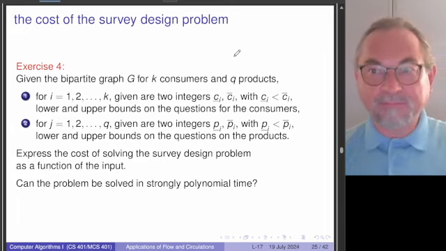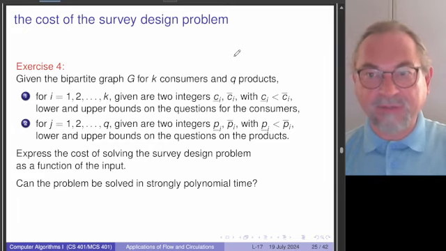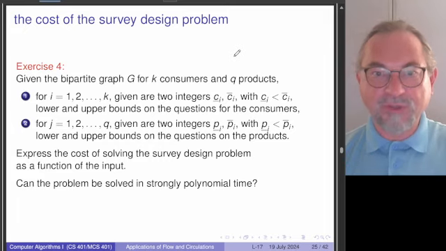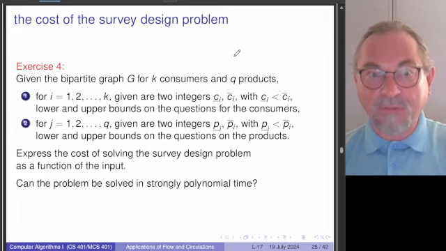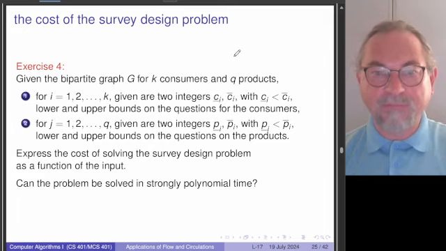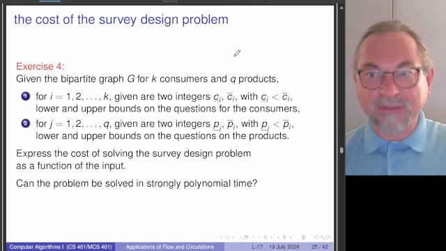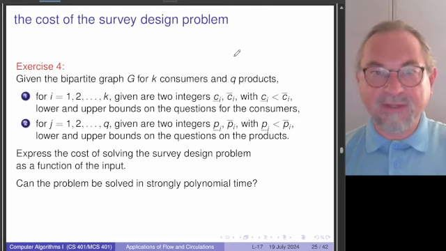And this can still be quite depending on the values of the numbers. So I would say that the problem would not be solved in strongly polynomial time, unlike the first problem we considered, the edge-disjoint paths problem.